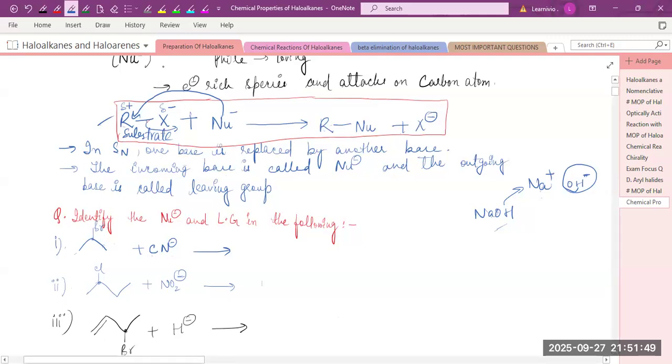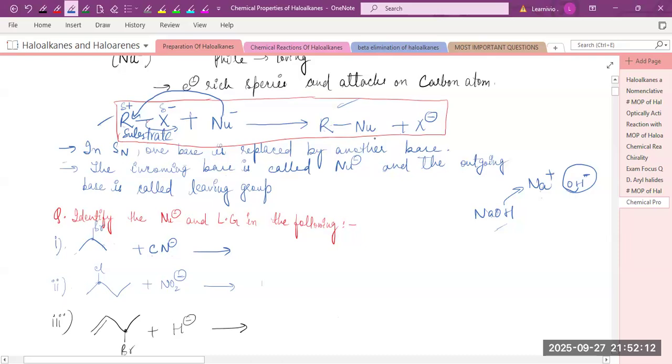When the nucleophile attacks the carbon of the R group, the leaving group will leave the molecule and you will get the new product. So in a nucleophilic substitution reaction, one group or base is replaced by another base.